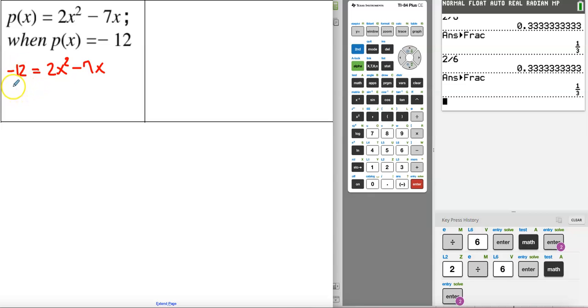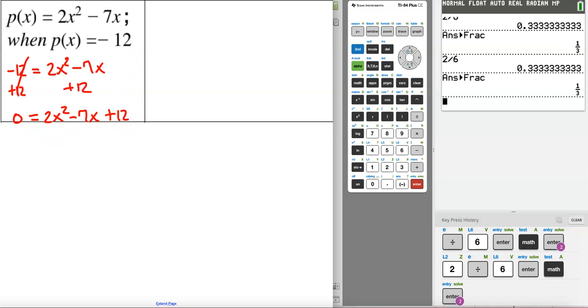So this time I have to make this equal to 0. In order to make this equal to 0, I'm going to add 12 to both sides of my equal sign to get rid of the 12, because I want 0 over here. So now I have 0 is equal to 2x squared minus 7x plus 12, because you can't combine any of these because they're not like terms, so you just tag it on like a chain.